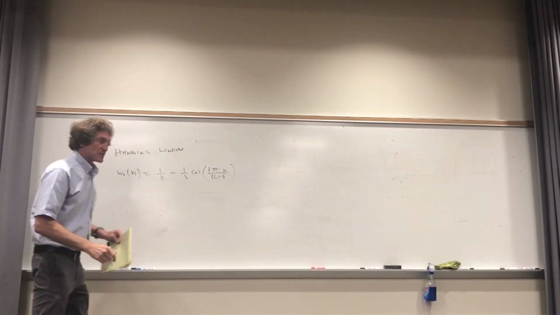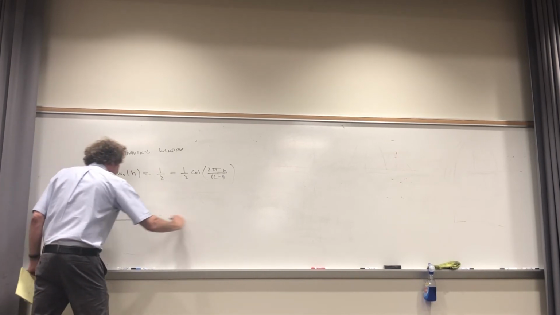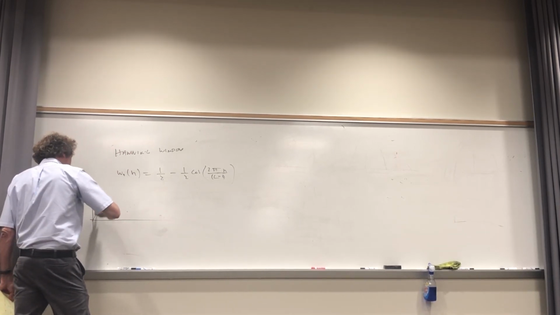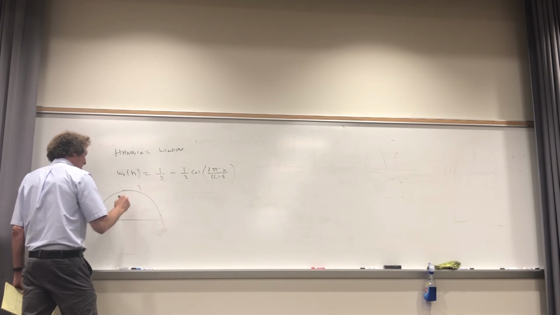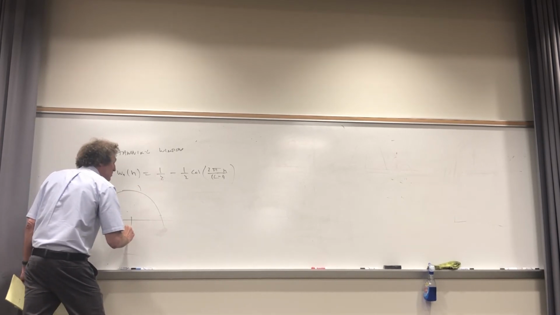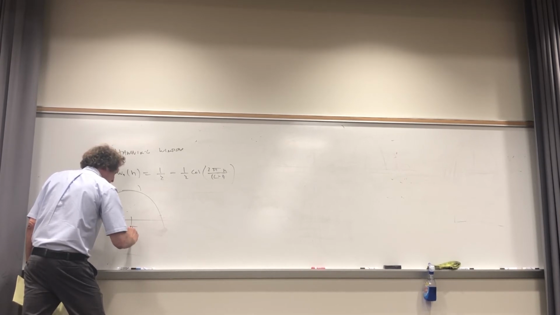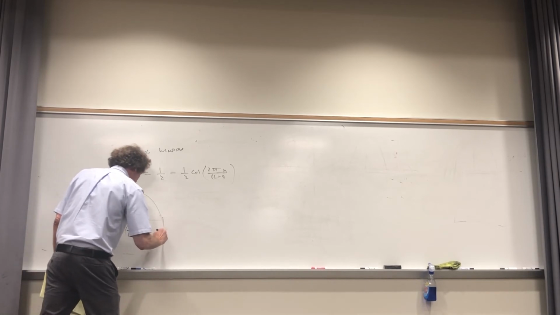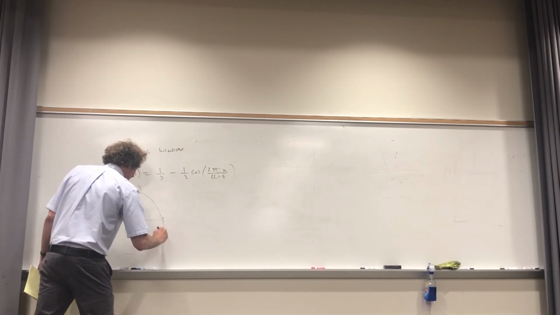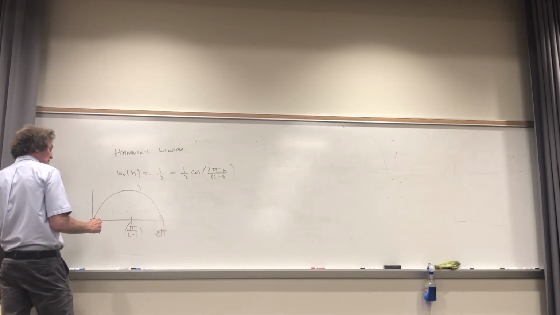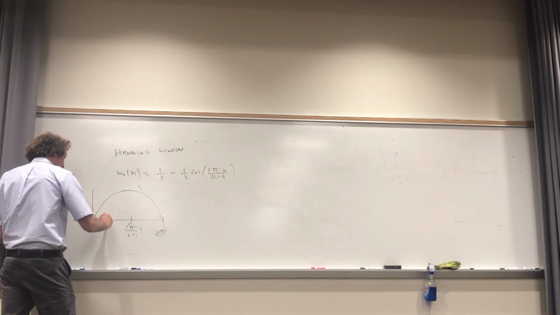Now I want to tell you about this one. What it looks like is this. If I have this waveform, where I want a value of 1 here, at the middle, it's simply going to be pi over L minus 1, and this would be pi, 2 pi here, and I put this in degrees, then this will do it.